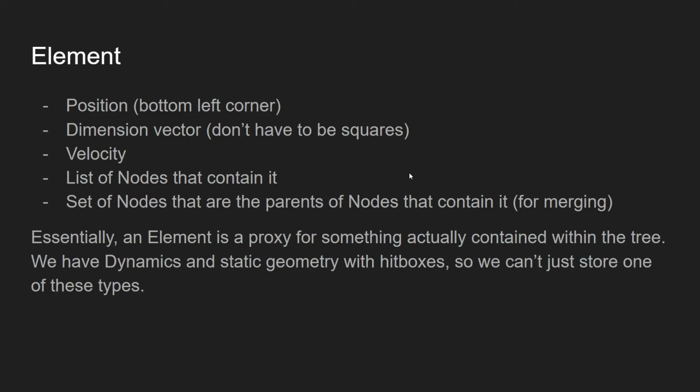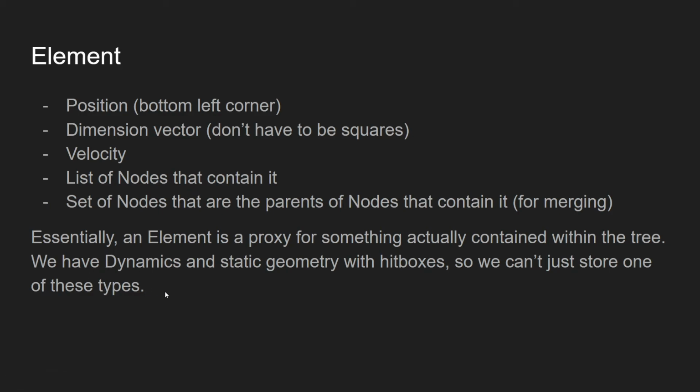So another important thing is that an element is like a proxy for something actually contained within a tree. We're not going to use our dynamics as elements in our quad tree. We're going to actually have another class, quad tree element, that our dynamics sort of interface with in order to handle collisions for it.